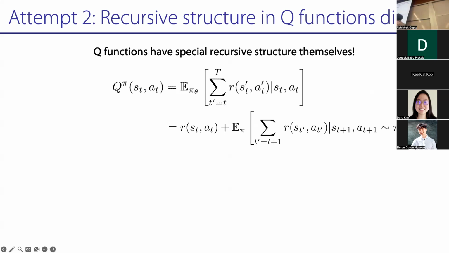Okay, so a Q function is the first reward, r(s_t, a_t), plus an expectation under policy pi of your future rewards, right? But it's important that you have your first reward, and then you sample s_{t+1} from the dynamics of your system. So s_{t+1} comes from p(s_{t+1} | s_t, a_t), right?